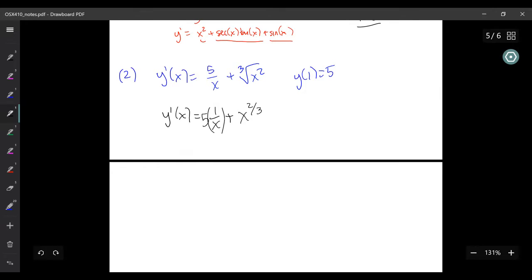Okay. So odd radical, cube root, 1/3 power. When you take the antiderivative, you get y of x is 5 times the absolute value of x, plus x to the 2/3 plus 1 is 5/3 over 5/3 plus a constant.